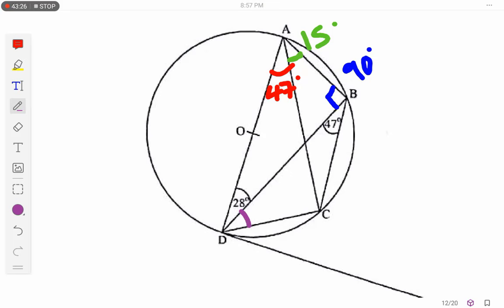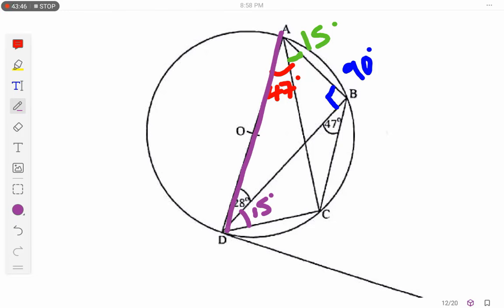This is also 15 here, considering that this is the chord. This angle here is subtended by the same chord, so I can also say this is 15. When I have this as 15, I've got a triangle.